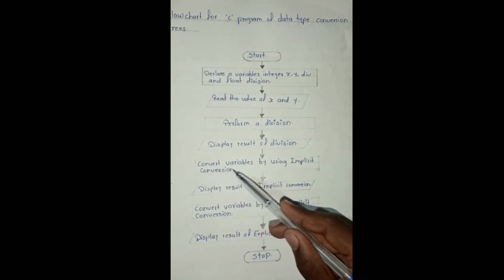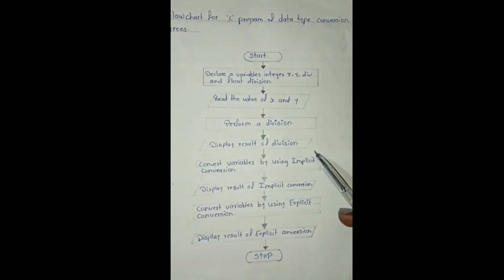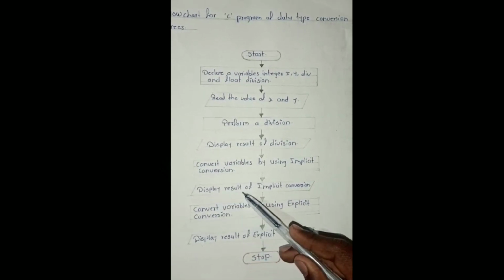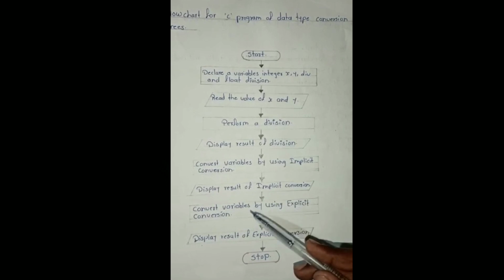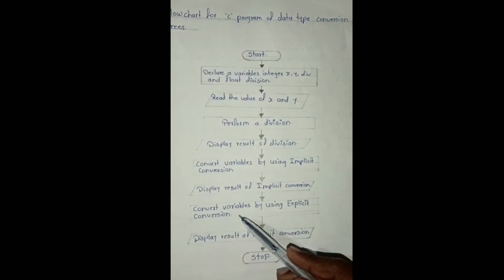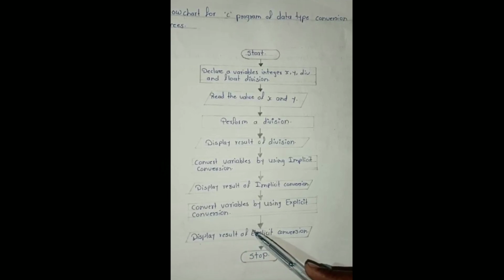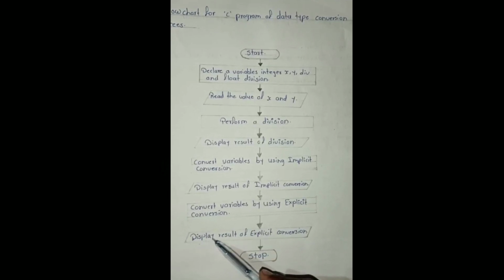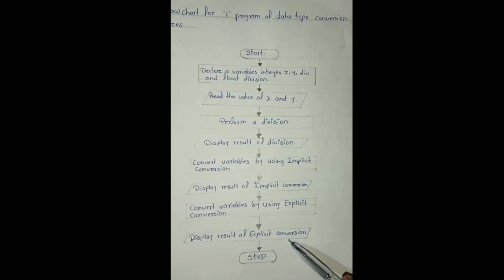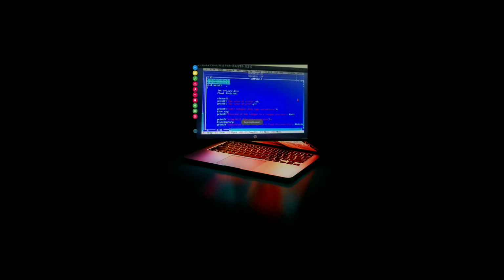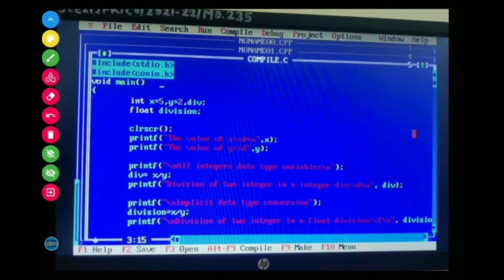In processing convert variables by using implicit conversion. Next, in input and output display the result of implicit conversion. Next, in processing convert variables by using explicit conversion. Next, in input and output display the result of explicit conversion. Next, in terminal stop.